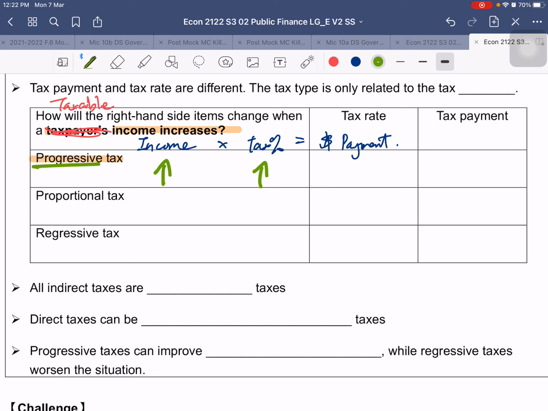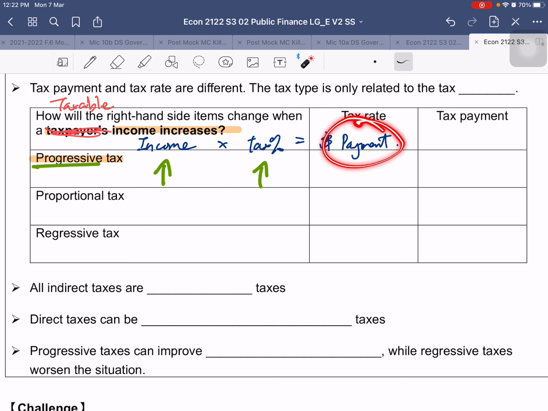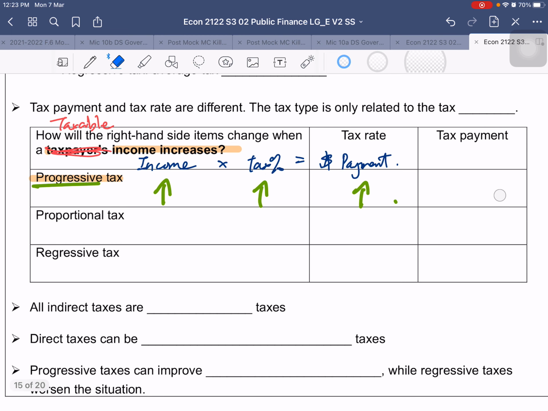So the left-hand side of the equal sign is the total effect on the tax payment. Then it should be increased, right? So we know that tax payment should be increased in this case.